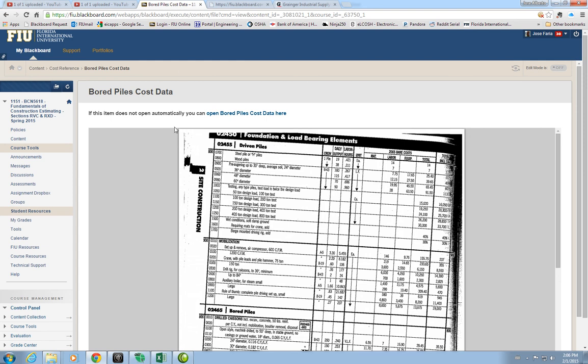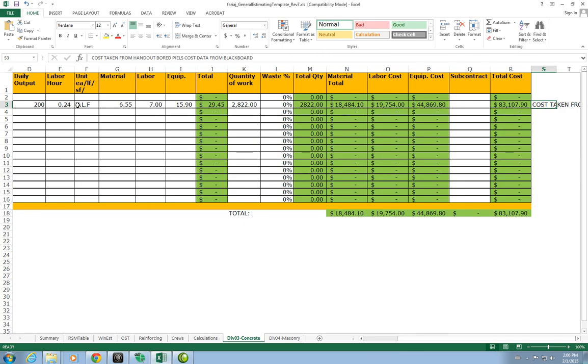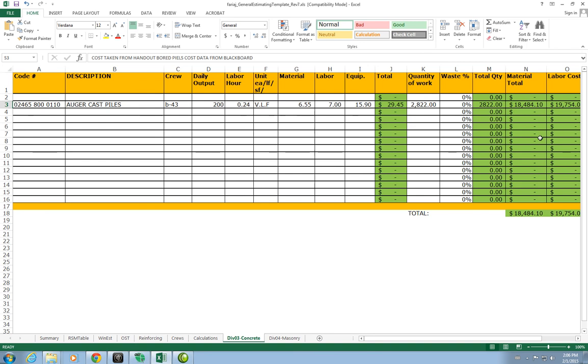So in Blackboard, bore piles cost data, we go to line item 02465 800 0110, and that is the source of the cost that we use to enter here and figure out how much these piles are going to cost us.